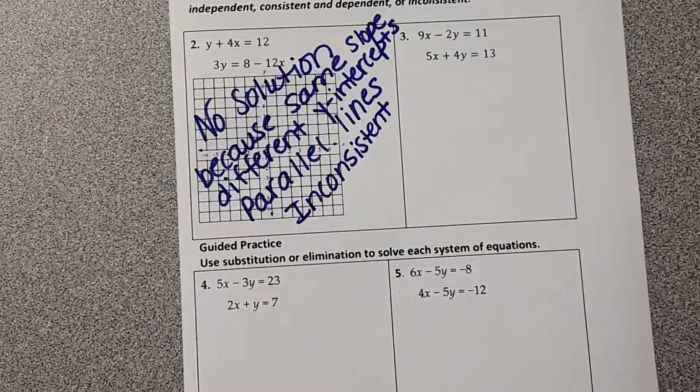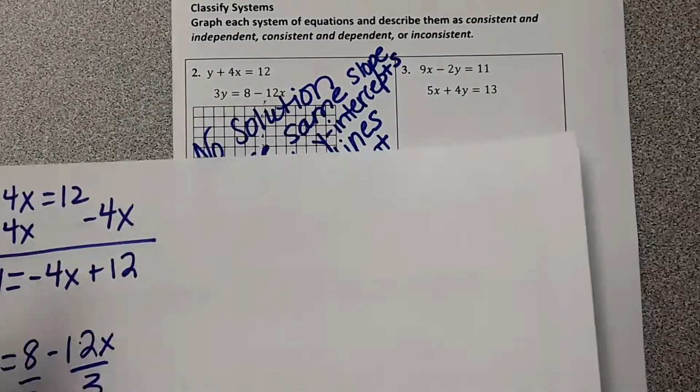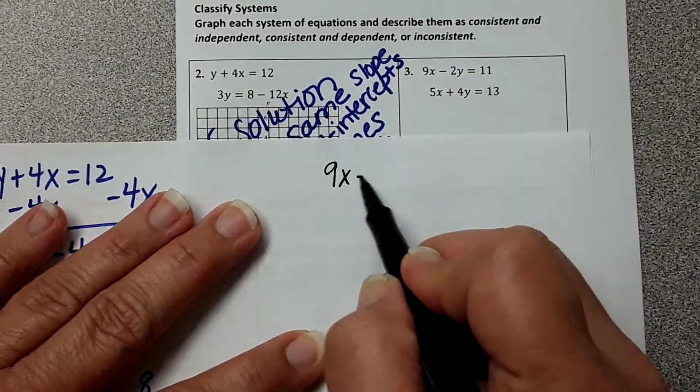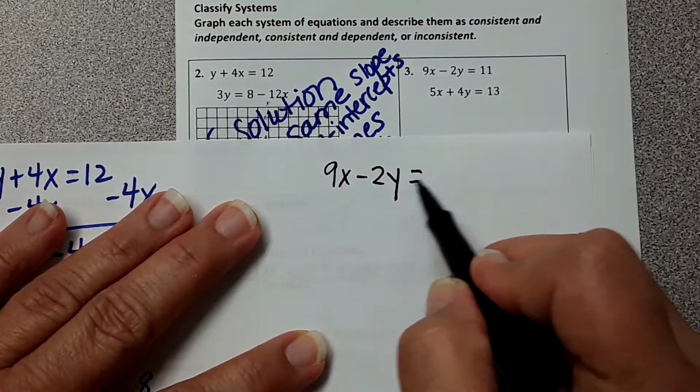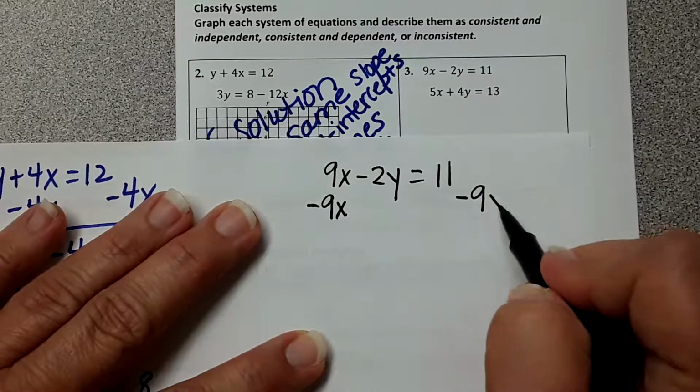Everything's our favorite. So I'm going to go to my handy dandy other piece of paper. So I'm going to have 9x minus 2y equals 11. I'm going to subtract 9x from both sides.